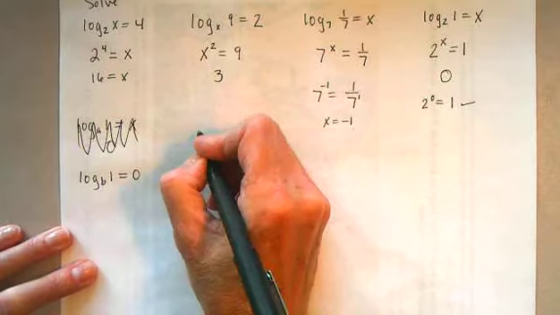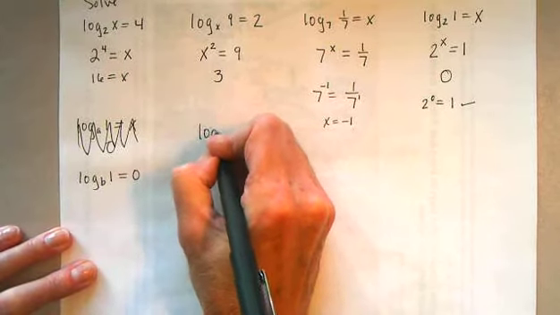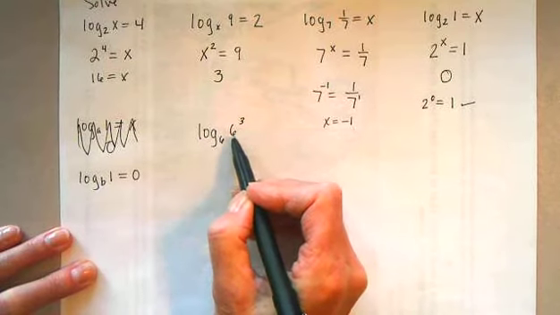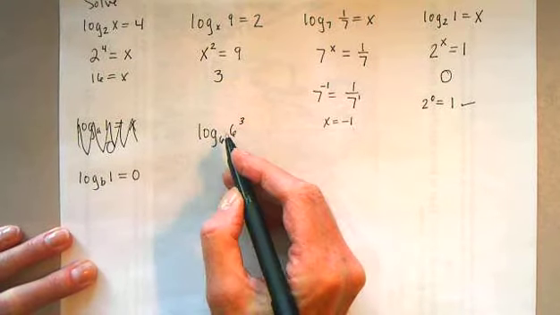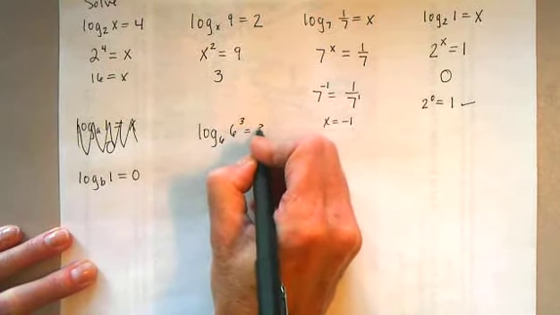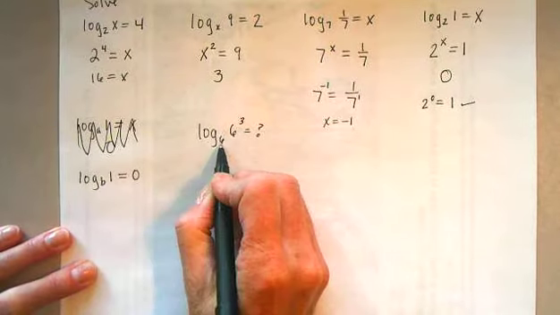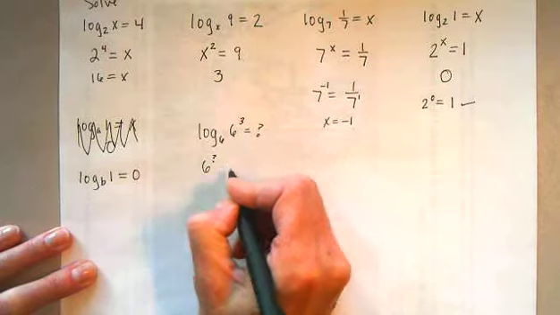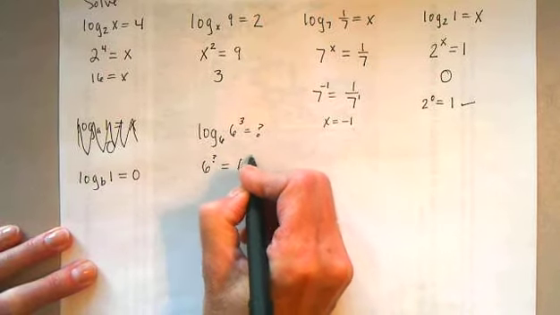Another thing, if I ask you to simplify this, log base 6 of 6 to the 3rd. Now, if these are the same, look what happens. Again, let's just imagine we're figuring out what it equals. So I have base 6 raised to the exponent, which is what we don't know, and it has to equal 6 to the 3.